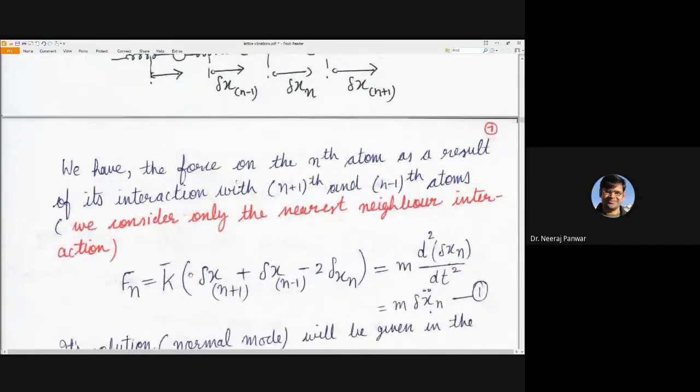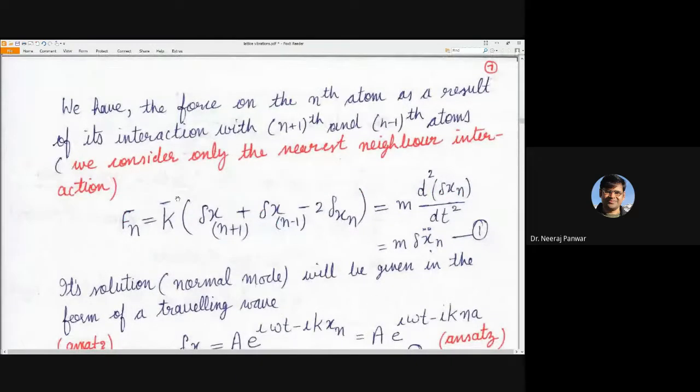So the force would be given by Fn is equal to the spring constant k bar multiplied by delta xn plus 1 plus delta xn minus 1 minus 2 delta xn, and this force is nothing but mass into acceleration, which can be written as m into d2 delta xn divided by dt square, the second derivative of delta xn. So this is the equation we have.